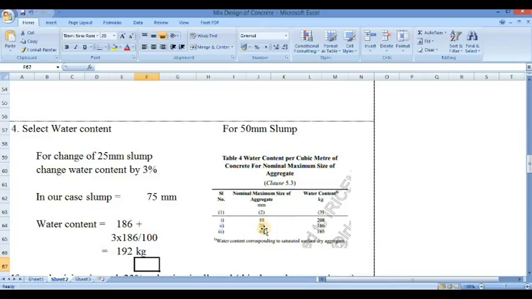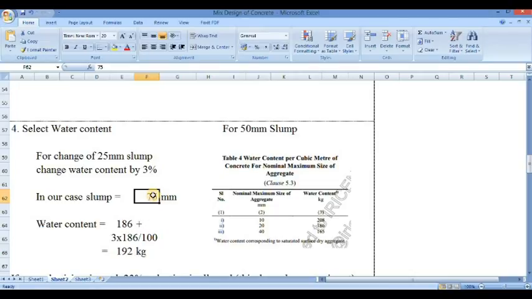In our case we are using 20 mm maximum size of aggregate. The code suggests that you need 186 kg or 186 liter of water for producing 50 mm slump. But in our case this is not 50, it is 75, maybe it is 100 or maybe 150.